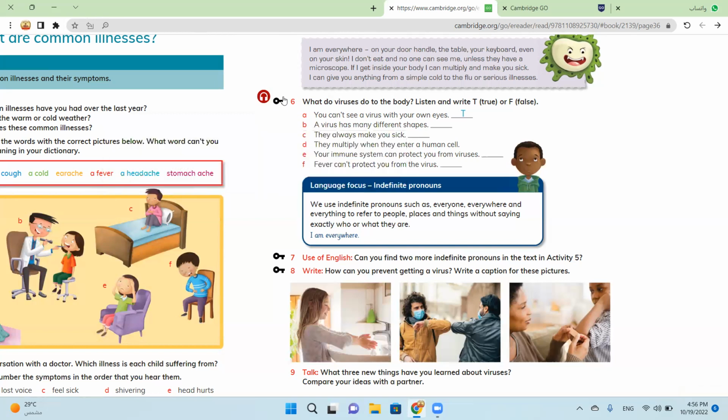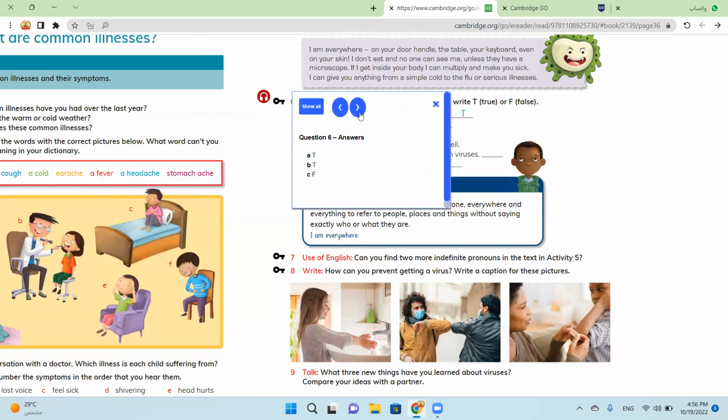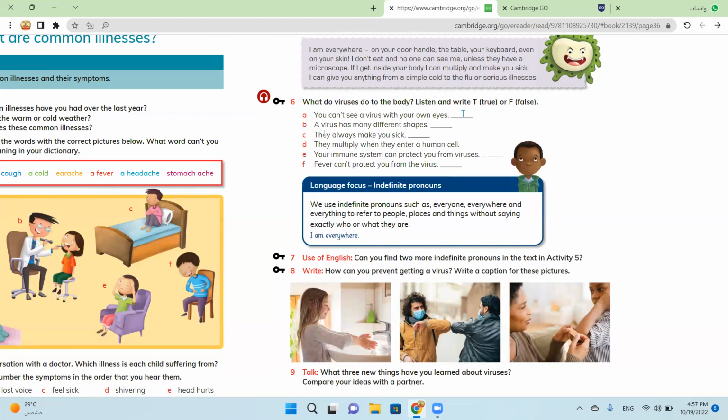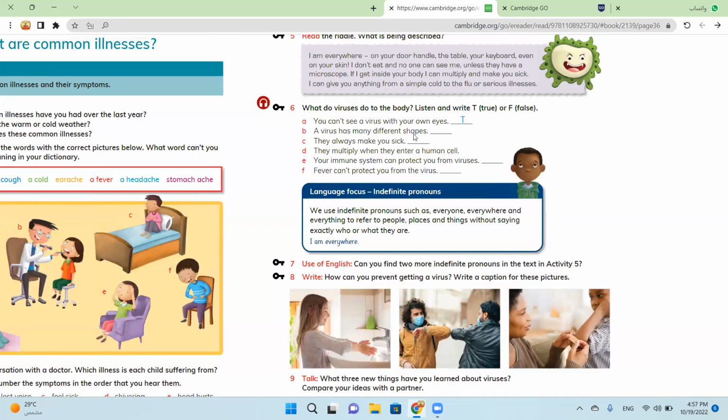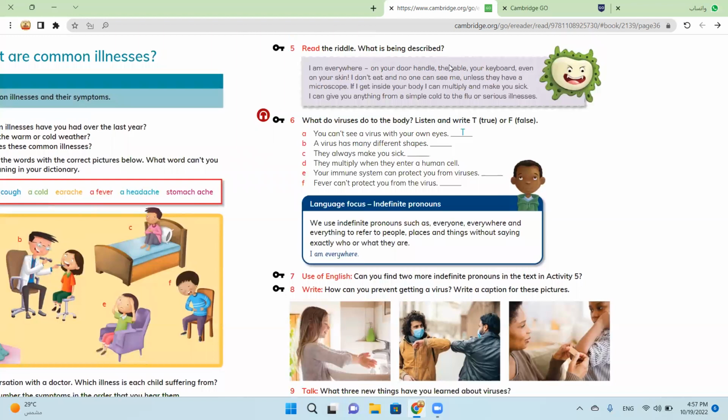Now, let's check the answers. A, true. B, true. C, false. D, true. E, true. F, false. What about C? They always make you sick. So they only make you sick if you touch them and if they get inside your body.